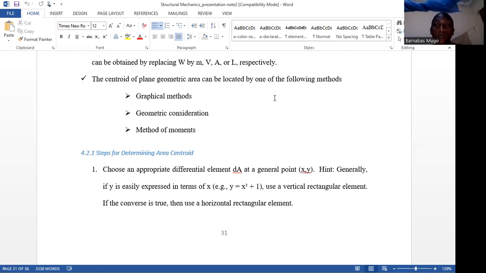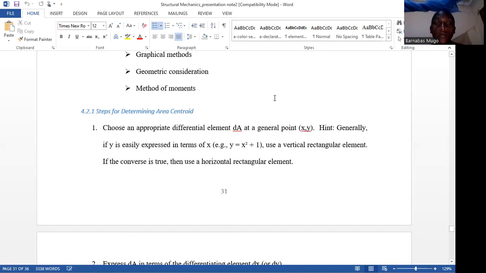You are required just to choose the appropriate differential element with the dA, which is the area for that. And you need to choose it at a general point, which is x, y. Then from there, you need to express x and y in terms of a simultaneous equation, as you can see. Then use a vertical rectangular element. If the converse is true, then use the horizontal rectangular elements.